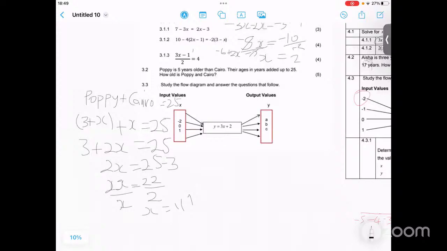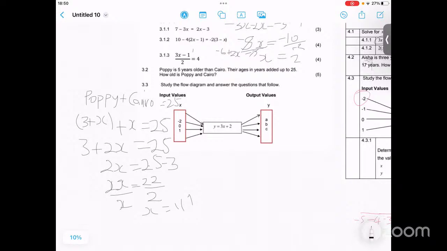I said x plus open bracket x minus 5 close bracket equals 25. What I got was 2x is equal to 25 plus 5, and so 2x is equal to 30. I divided that by 2 and I got x is equal to 15.